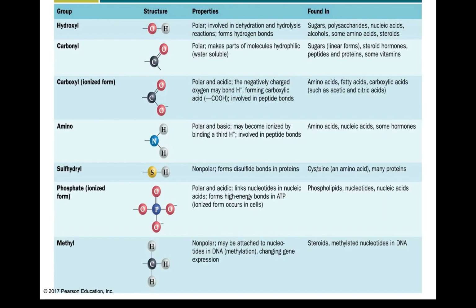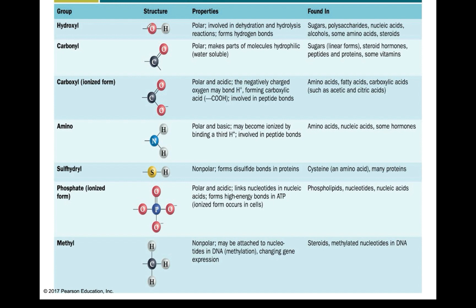And this table shows several kinds of functional groups. So here are the names of the functional groups: hydroxyl group, carbonyl group, carboxyl group, amino group, methyl group, and phosphate group. When you look at the structure of each group, the hydroxyl group is oxygen and hydrogen forming a chemical bond.